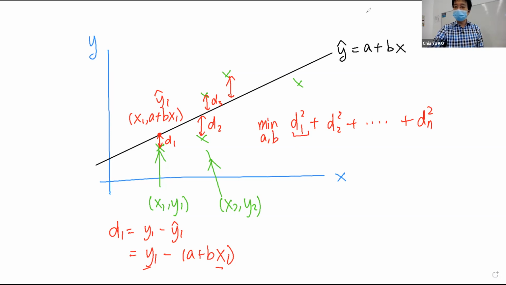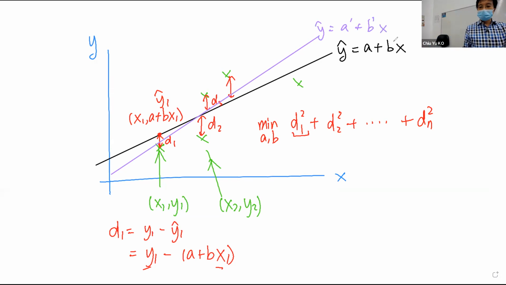Because if you have another line, then you have another type of D. That will be another A, another B. So you try to figure out different A, different B, such that the distance is minimized.